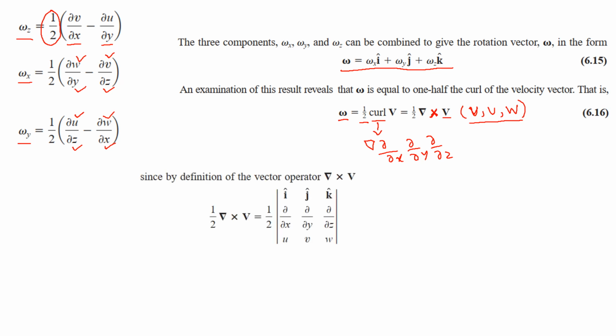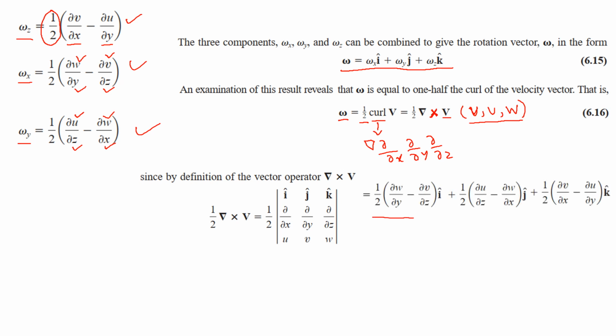We can also write this in matrix form to get a better idea of this. So here, if we take the cross product, what we will get is these terms. You can see right here that these are the terms that we wrote here. So this is omega x, this is omega y, and this is omega z.